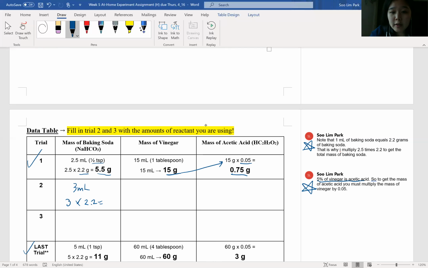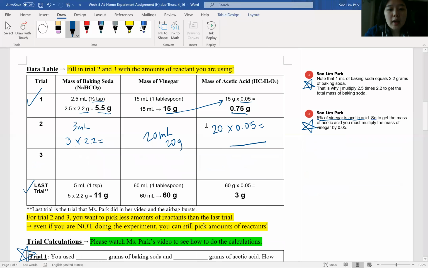For example, let's say that you used 20 milliliters of vinegar, which is also 20 grams, for trial two. You would multiply the 20 grams by 0.05 to get the mass of acetic acid. I'm not going to do that right here because I don't know what amount you use for your trial two and three, but that's my tip for the data table.